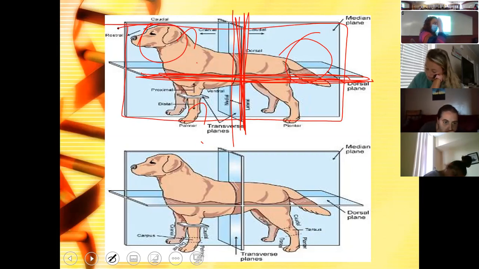I think it's because it's just 2D. It is 2D. That's why I brought this guy in. So in the same way, we got our transverse, dorsal, sagittal. So sagittal and medial are the same thing?